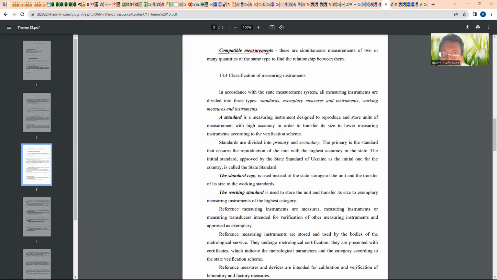Compatible measurements. These are simultaneous measurements of two or many quantities of different types to find the relationship between them.